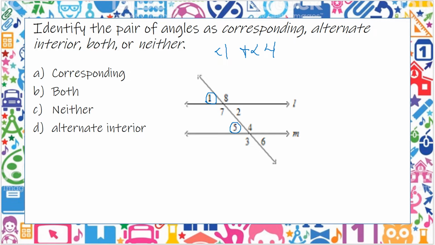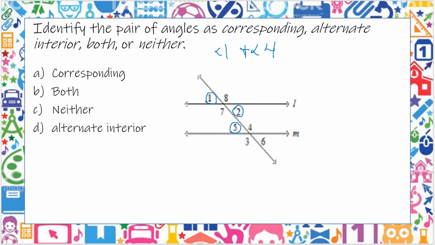If you think about it, if you look at the top line, line L, angle 1 is on the top left of that one. So the same spot on line M is where 5 is. That's corresponding. Alternate interior, they would both have to be inside, and alternate interior with 5 is 2.